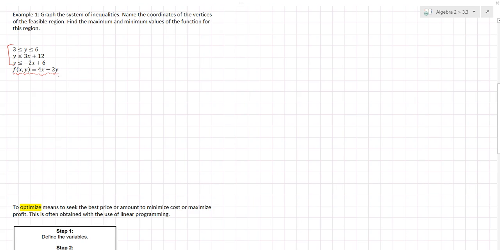So our first objective then is to graph our inequalities. So let's get our x and y axis all set up. Alright, so the inequality 3 is less than or equal to y is less than or equal to 6. You could write that as two inequalities: y is greater than or equal to 3 and y is less than or equal to 6. Okay, so we can graph those.